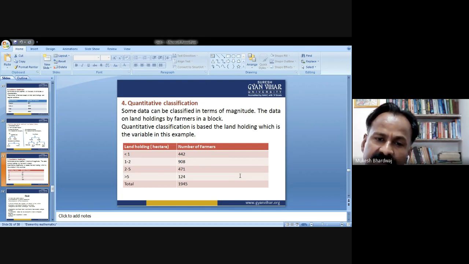Between 1 to 2 hectares, 908 farmers are there. Between 2 to 5 hectares, 471 farmers. And greater than 5 hectares, 124 farmers. And the total is 1945. Okay, so this is the quantity measurement or the quantitative classification of data. You just collect the data and do the survey based on quantity.